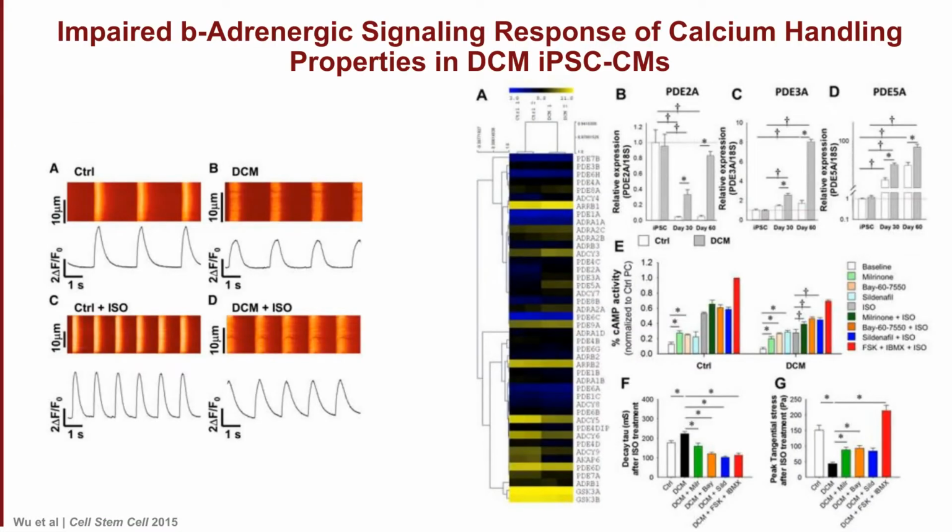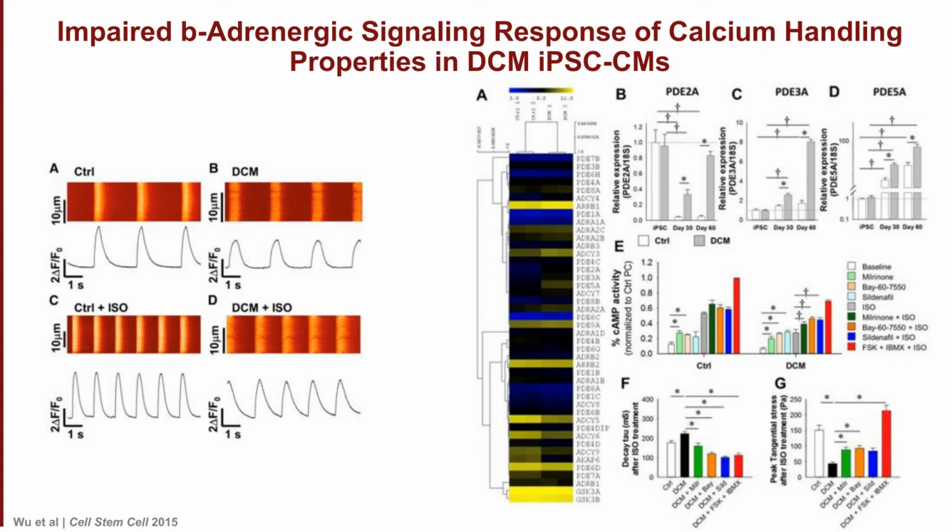In order to test the effects of beta-adrenergic stimulation, iPSC cardiomyocytes were next treated with isoproterenol, and spontaneous calcium transients were analyzed. Isoproterenol increases cardiac contractility. So while the control cells respond to isoproterenol challenge, the DCM cells do not.